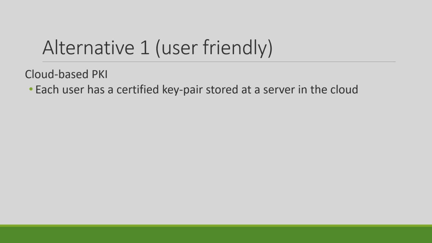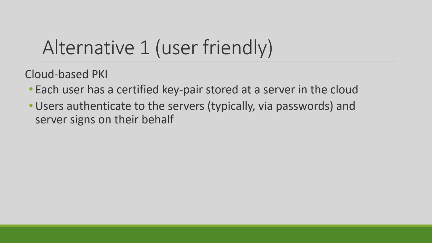They also give each client the signing key whenever needed. Or, more often, the client authenticates himself to the server whenever he wants to sign, typically using a short memorable password or a one-time code that is sent to his phone. And then the server in the cloud is the one that actually signs on his behalf. So he will never really touch or use his secret signing key.